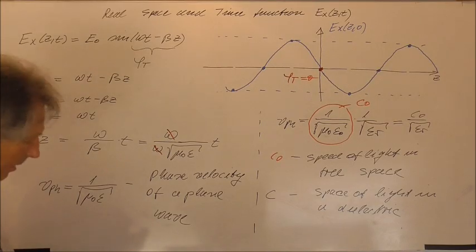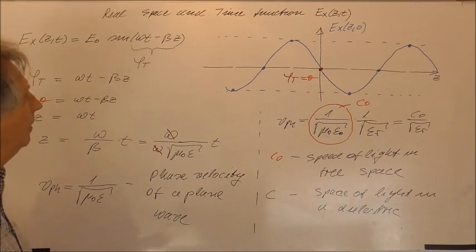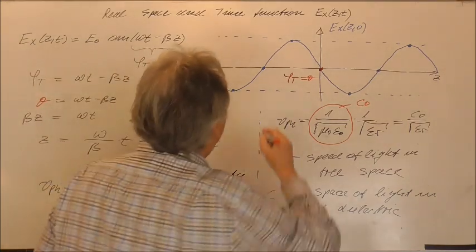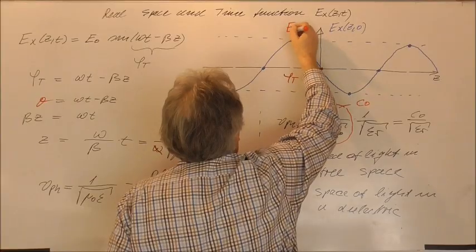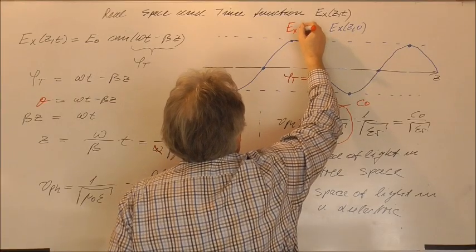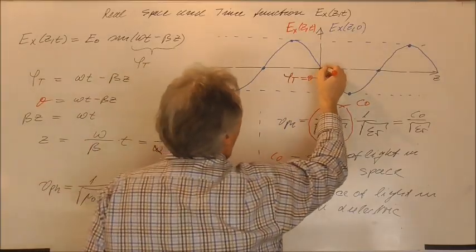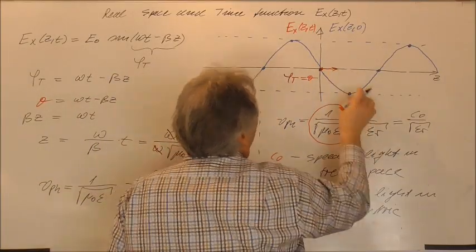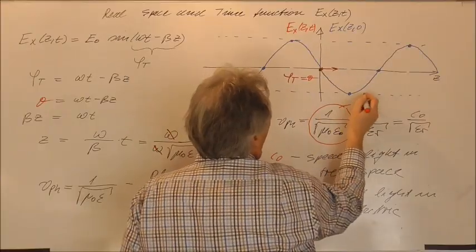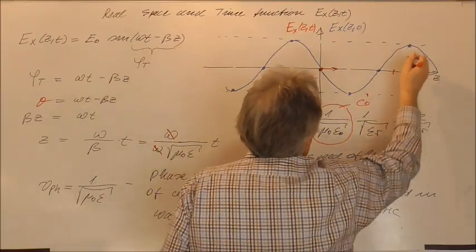So if I have a look at this point here at a certain time instant, perhaps I look here, Ex of z at a certain time t, then this point will move in the z direction, and not only this point but all points will move in the z direction.